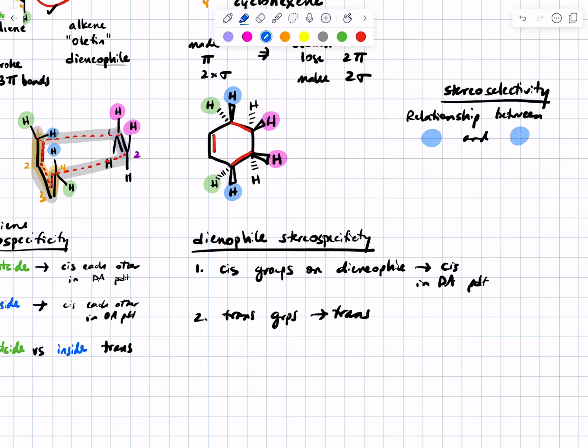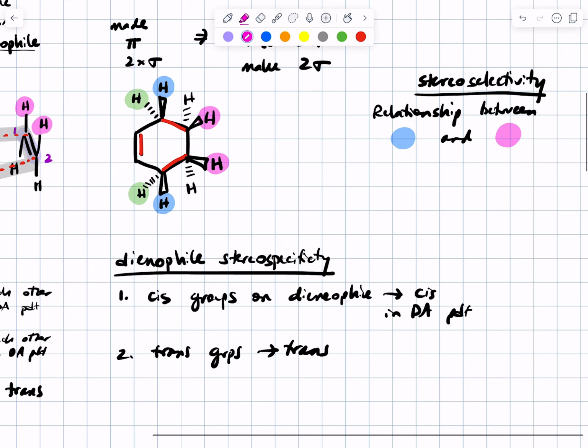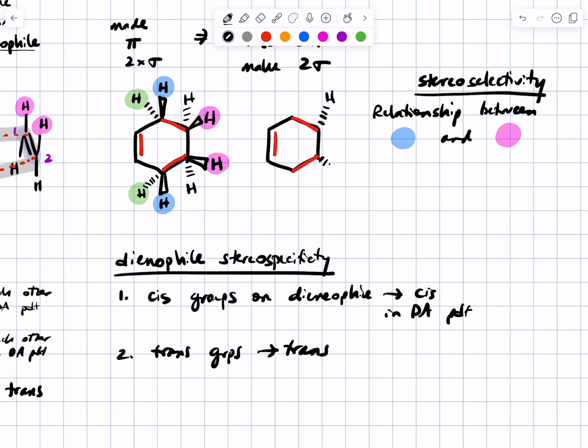In other words, even though it doesn't make a difference in this particular example, you could imagine a situation where the pink protons are the ones that are wedges and the other unlabeled protons are the ones that are dashes.